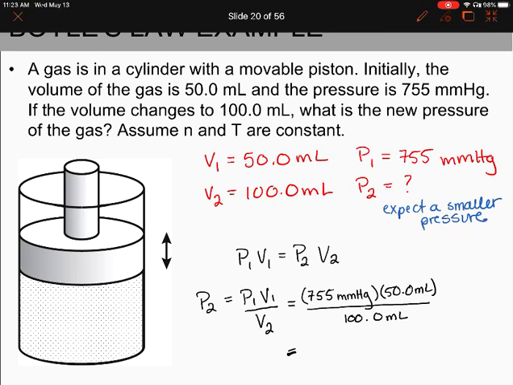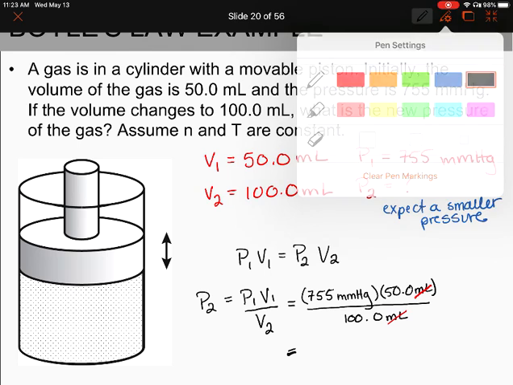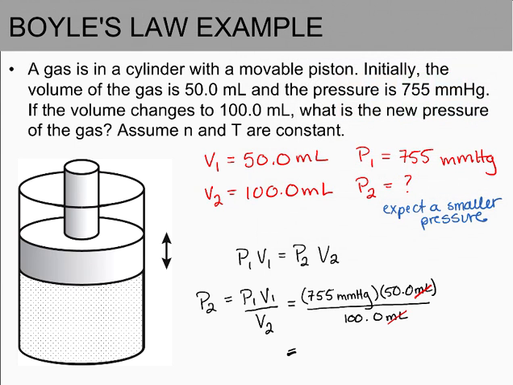Okay, so let's cancel units. So milliliters will cancel with milliliters, and we'll be left with millimeters of mercury. Okay, so we're going to plug into our calculators 755 times 50 over 100.